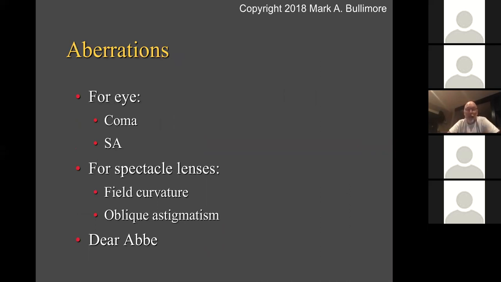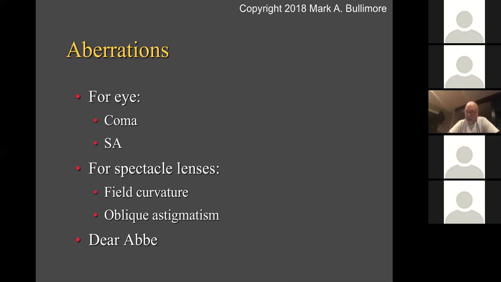All right, for aberrations, what's important for the eye, coma and spherical aberration are the important things that we worry about, particularly when we're doing refractive surgery or providing patients with premium IOLs. For a spectacle lens, we worry about the off-axis aberration. Okay, why is that? Well, it's because the eye is a wide aperture system. The diameter of the pupil is quite big compared to the radii of its surfaces.